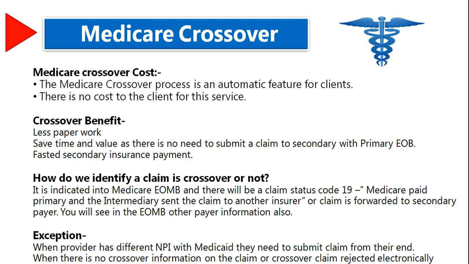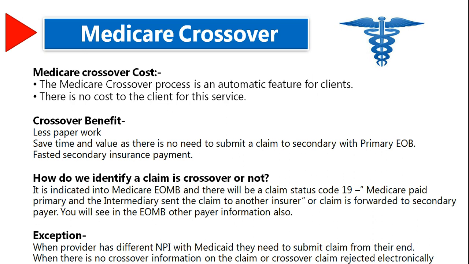You will also see in the EOB other payer information, like claim is forwarded to BCBS, claim is forwarded to AARP, or some other supplementary plan. So that's a very useful tool.